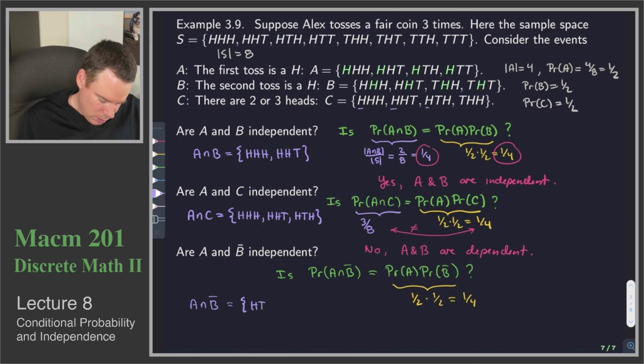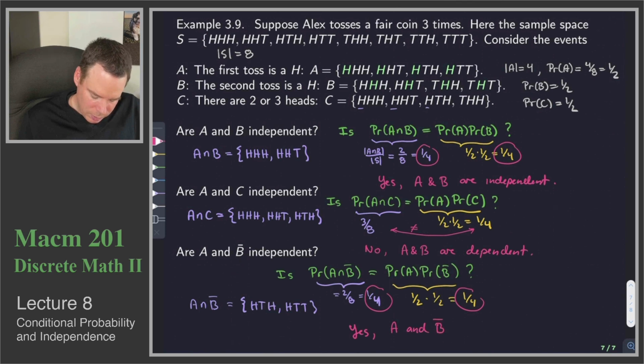So it would be HTH or HTT. So it's 2. So this is equal to 2 over 8 or a quarter. And those are equal. So the answer is yes. A and the complement of B are independent.